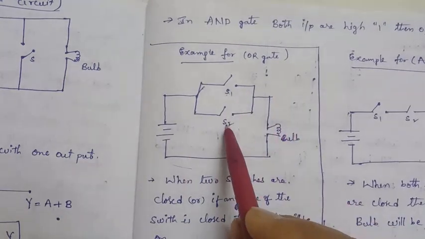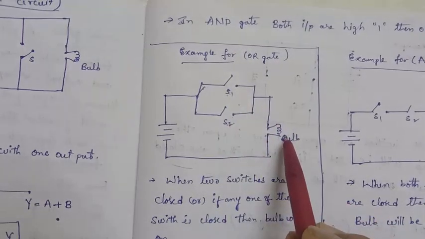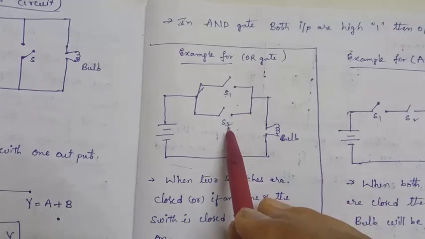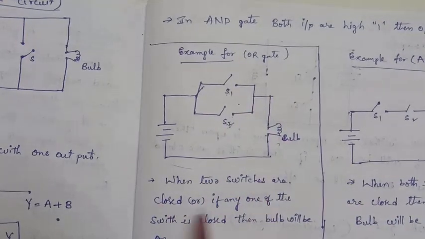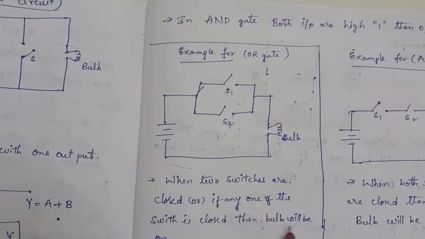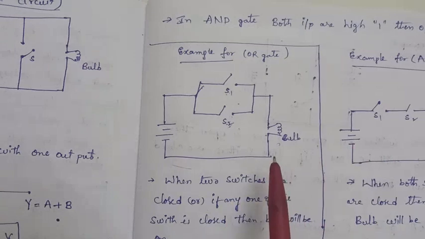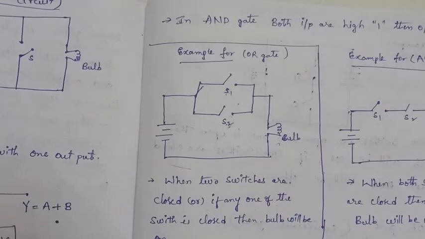If these 2 switches are open, then the bulb will be off. This is the example for the switching equivalent circuit.